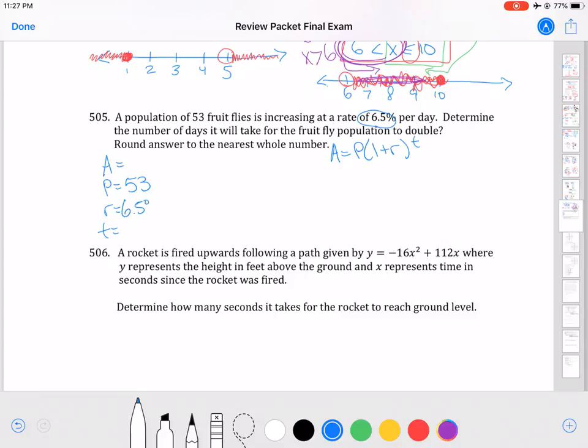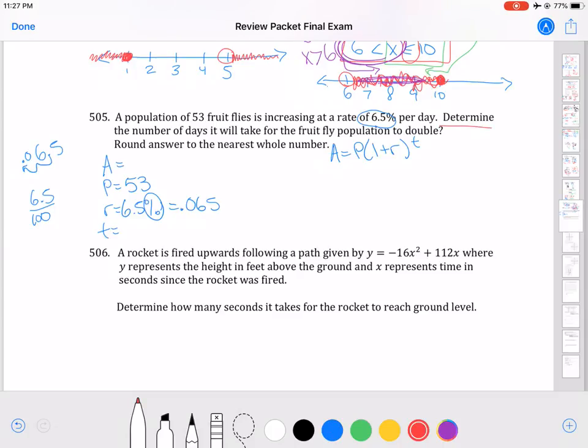And then I have a rate of 6.5%. Now, 6.5% can be converted to a decimal. I know it looks like a decimal, but the fact that it has this percent symbol means I need to convert it by dividing it by 100 or moving that decimal point left 2 spaces to get me 0.065. So either way, you end up with 0.065.